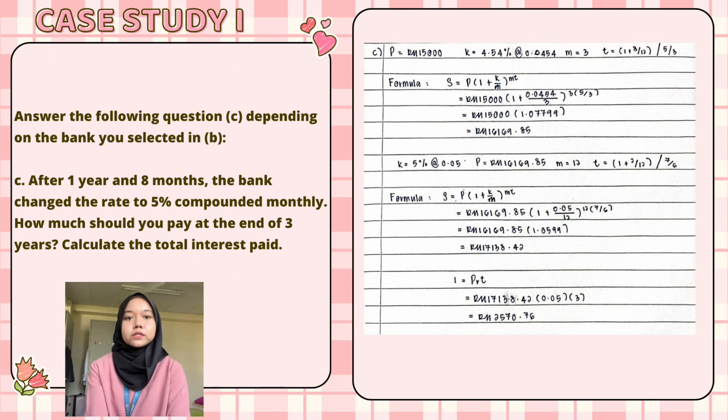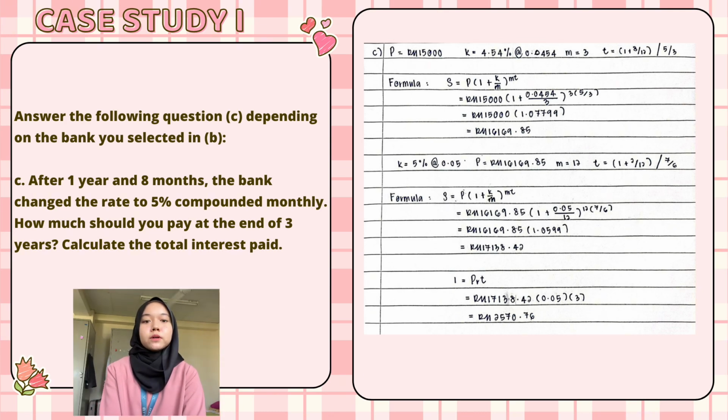K is 5%, while m is 12, and the power of 12 times 7 over 6. The answer is 17,138.42. Last but not least, we use the simple interest formula I equal to PRT, where P is 17,138.42 times 0.05 times 3. The total interest paid is RM 2,570.76.